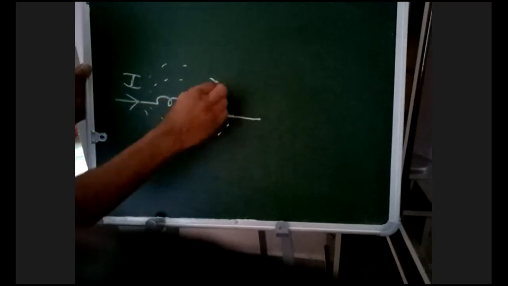In the coil, current is flowing. I is the main current flowing in the coil. Around this main current, some leakage currents are developed. These leakage currents are called eddy currents.